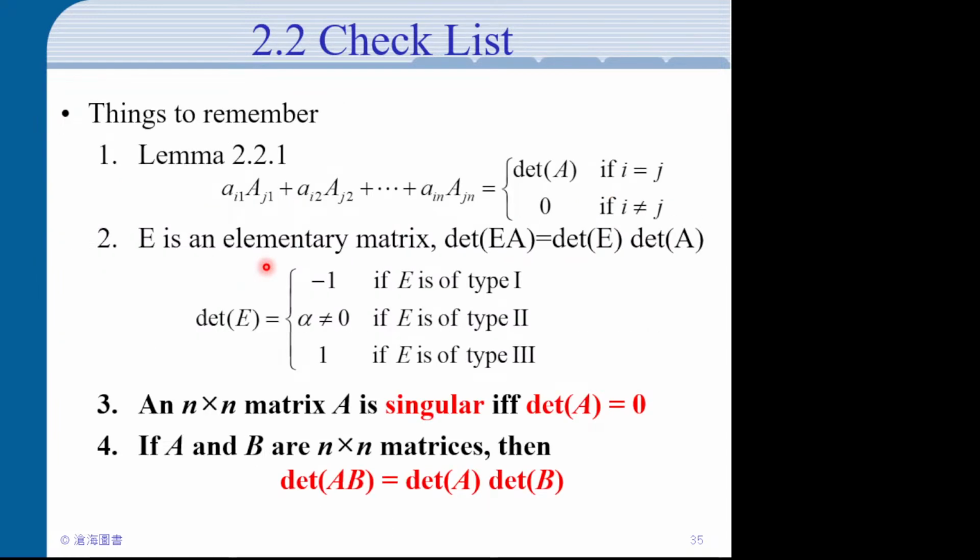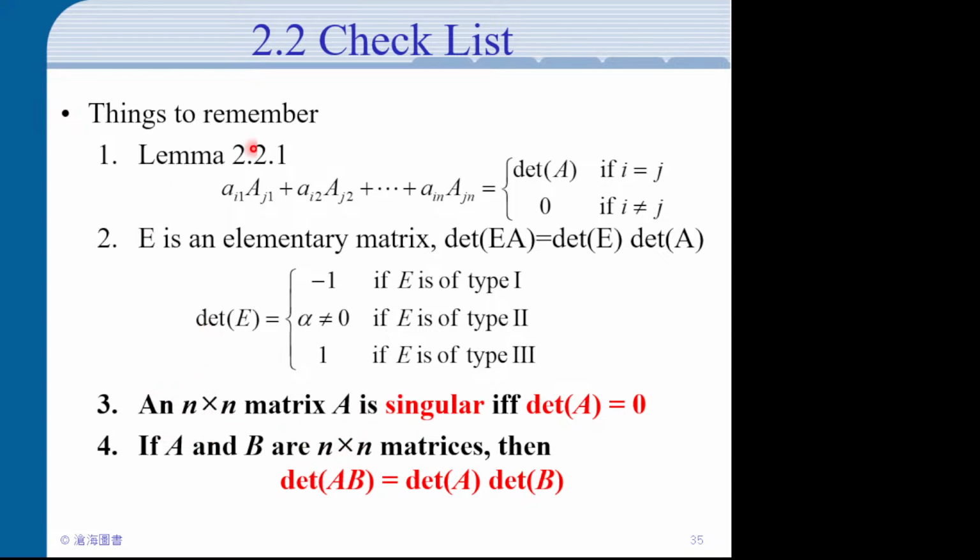Anyway, so here is the checklist. And as we said, the two most important theorems here you must memorize even if you forget the proof. The results you need to memorize: A is singular if and only if determinant A is 0, and determinant of AB equals determinant A times determinant B. Okay. And another thing is determinant is only defined on n-by-n matrices.